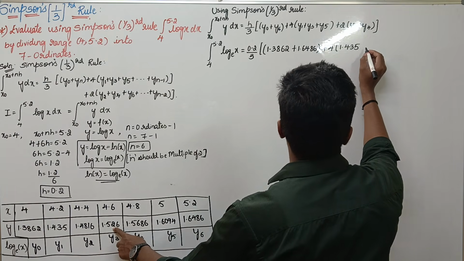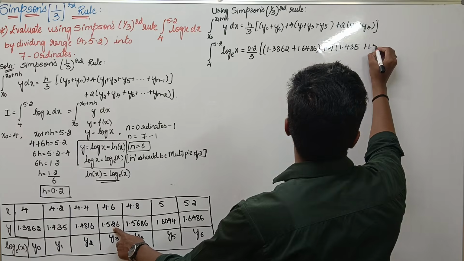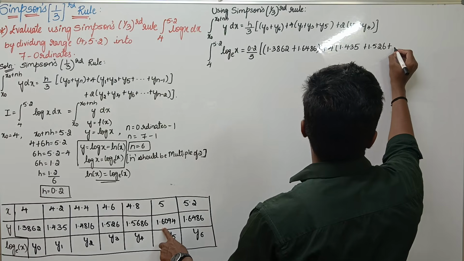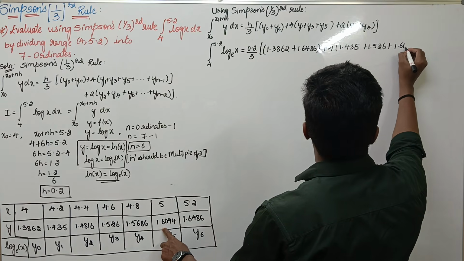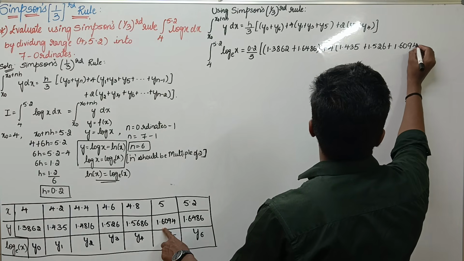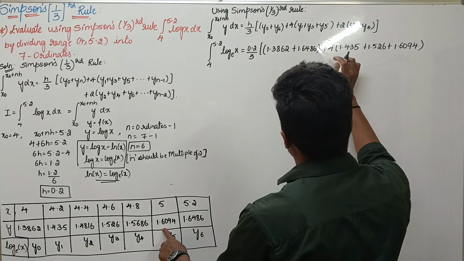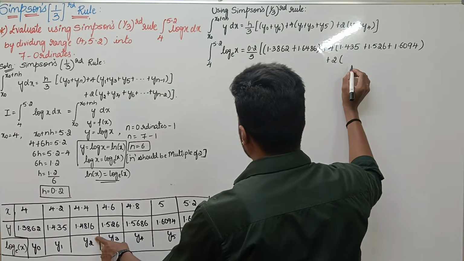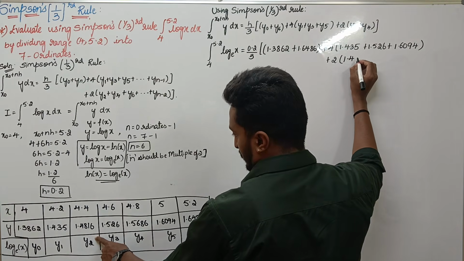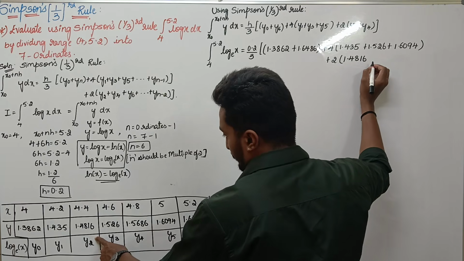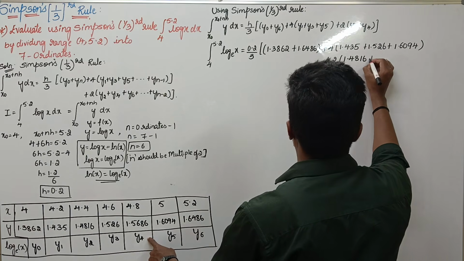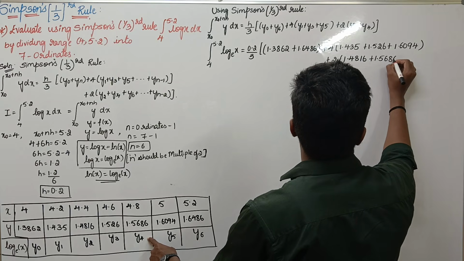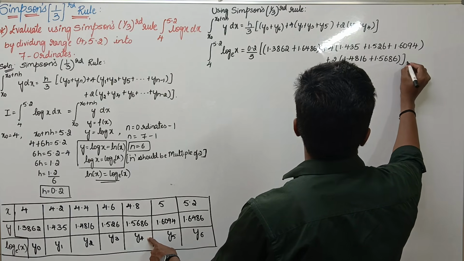Next, y3, 1.526, plus y5, I have 1.6094, close the bracket after y5. Next, plus 2 into y2, I have 1.4816, plus y4, 1.5686, close the bracket. Okay, done.